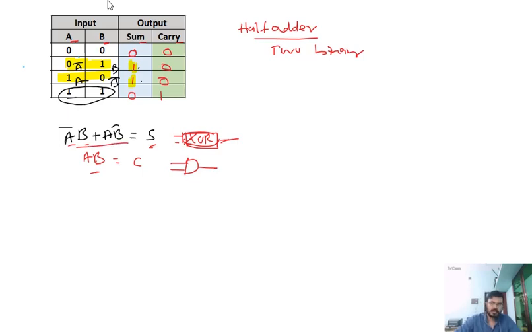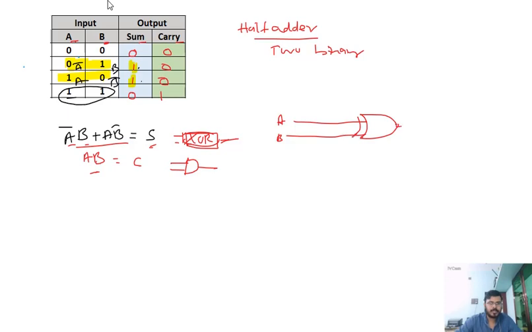Okay, so let us make a circuit. We need an XOR gate, so first I have to draw an XOR gate. This is my first input A, and we have another input B. Two inputs to the XOR gate.